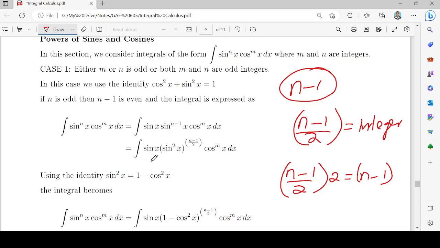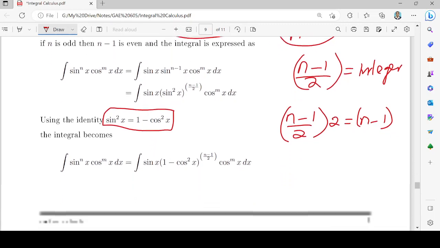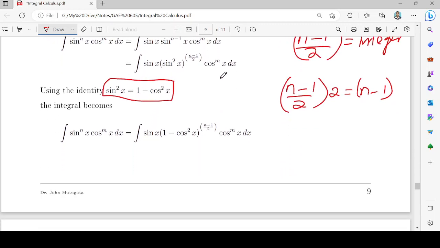And at this point, we can now use the identity sine squared x is equal to 1 minus cos squared x. From this one, we can make the square of sine of x the subject. Once we replace that, we get 1 minus cos squared x raised to power n minus 1 over 2 times cosine of x raised to power m dx.